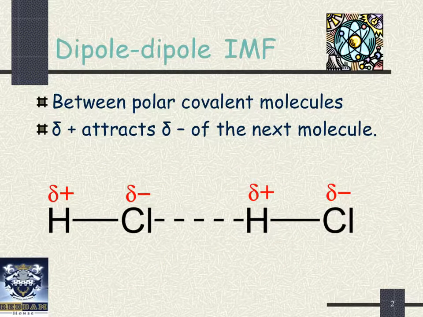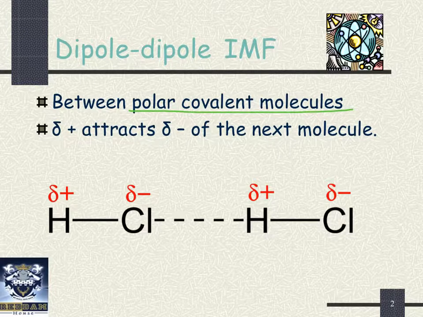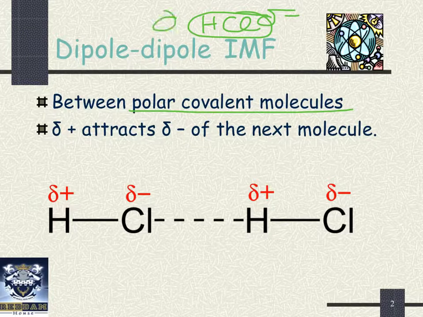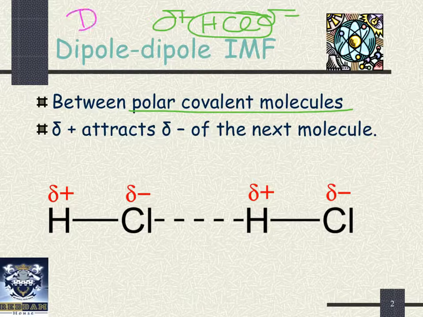So the first intermolecular force that we can consider is between polar covalent molecules. An example of a polar covalent molecule is HCl. With that HCl, the chlorine is slightly negative, the hydrogen is slightly positive, and another name for this we've talked about before is a dipole.